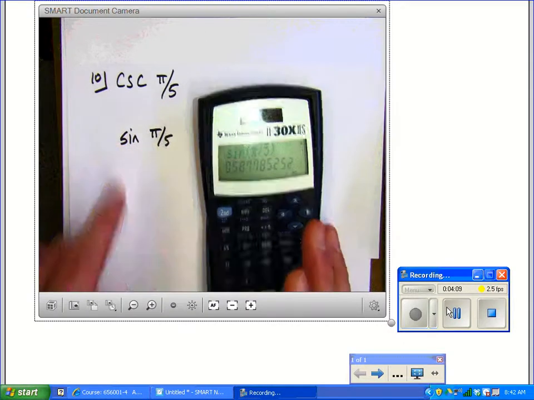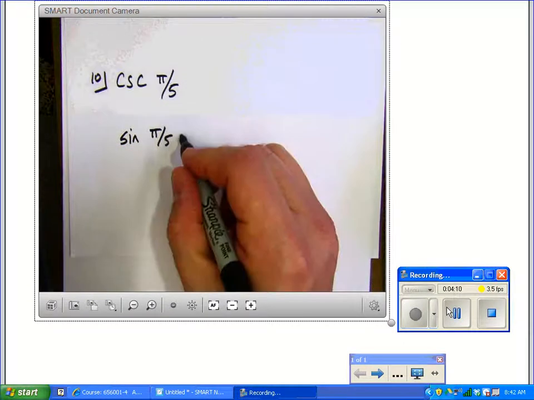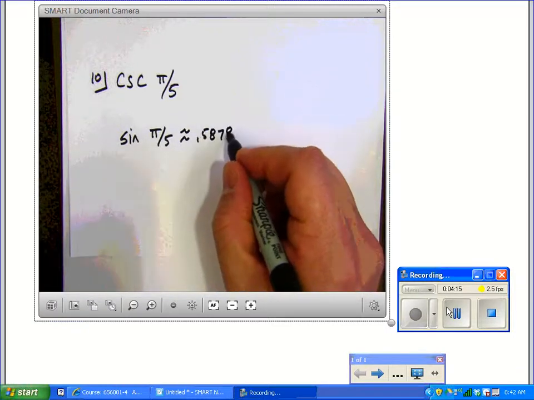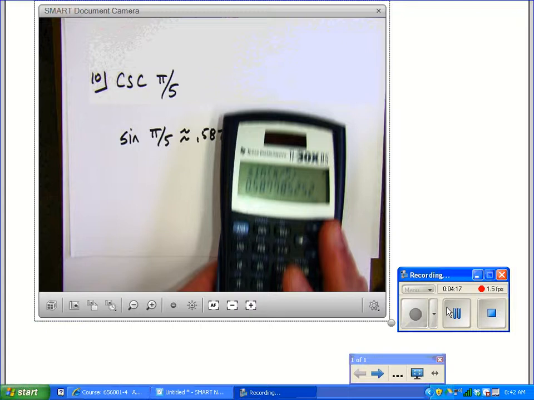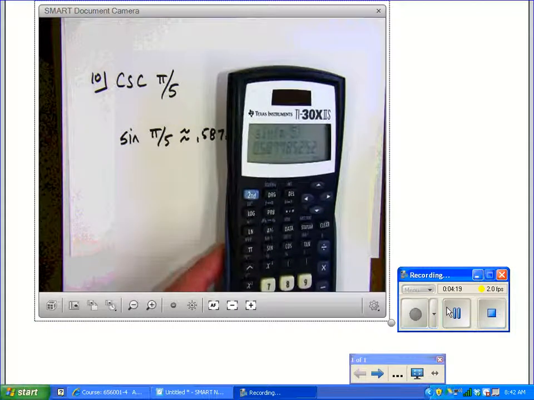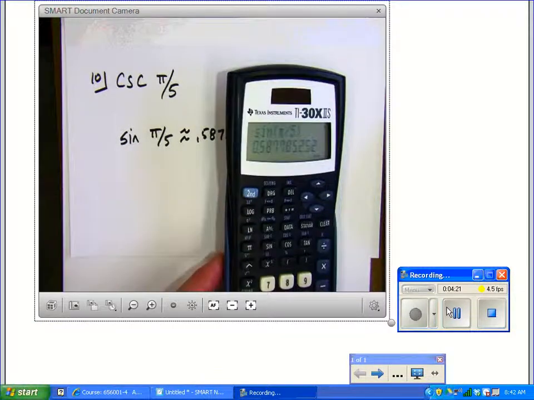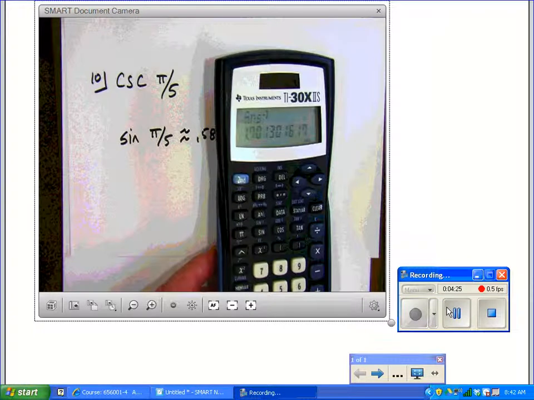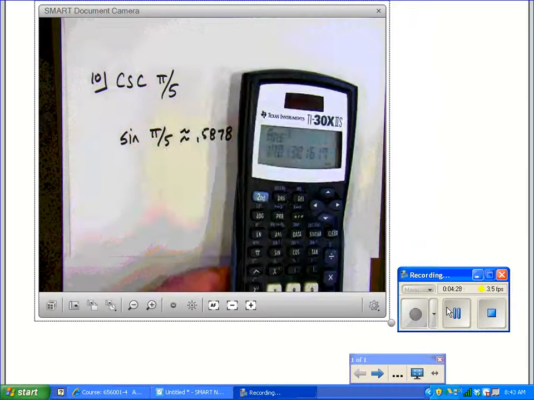We're getting about 0.587, and that would round up to 8. That's the sine of pi over 5. So the cosecant of pi over 5 would just be the reciprocal. I'm going to hit the reciprocal button, and that'll tell me the cosecant of pi over 5.